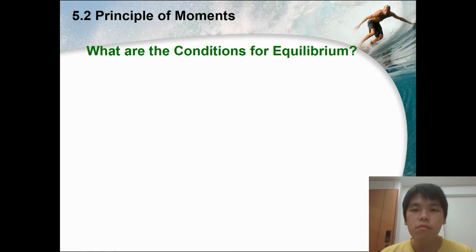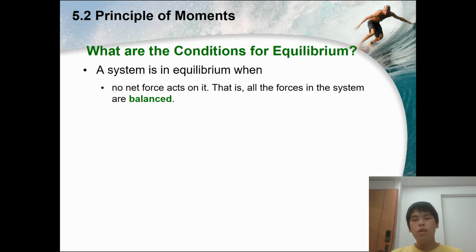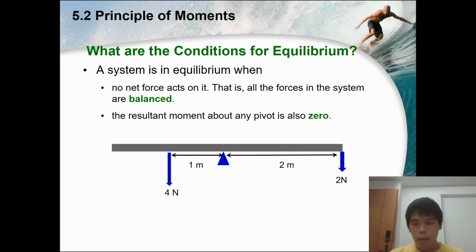Okay, next, we mentioned the word equilibrium. What does equilibrium mean? Equilibrium means that a system has no net force acting on it. This is when all the forces in the system are balanced. Second, the resultant moment about any pivot is also zero. So let's summarize. Let's take a look at the diagram just now.